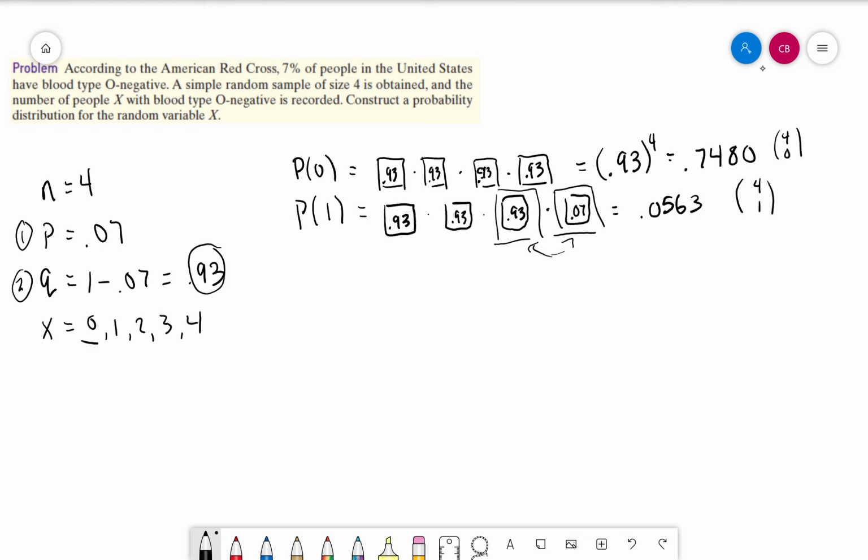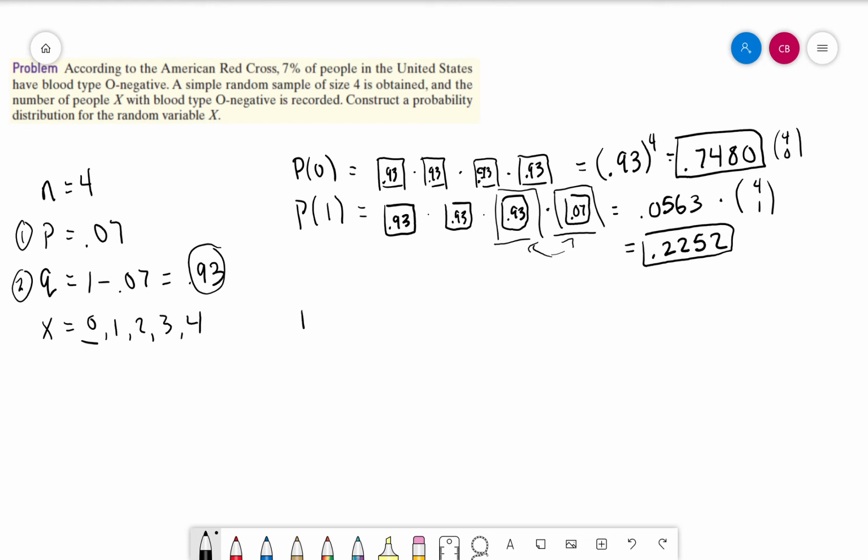That multiplies this by 4, and the actual value is 0.2252, so about a 22% chance that one person out of the 4 has O negative blood.